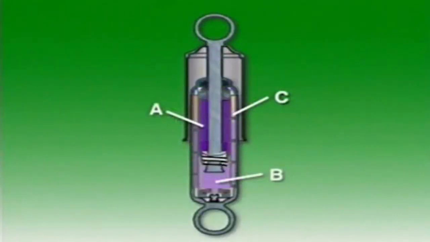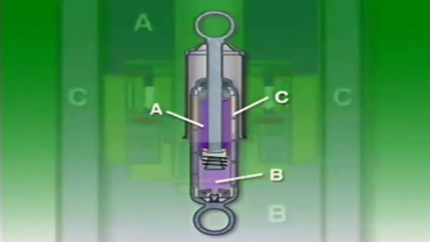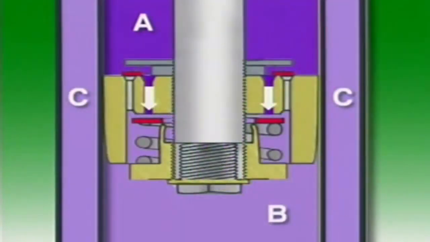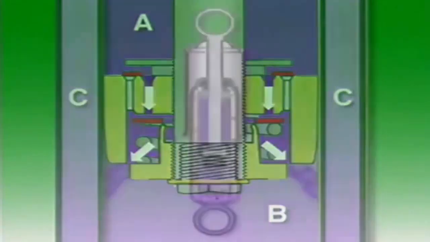In the rebound or extension phase, the piston and rod move upwards and the volume of chamber A is reduced. Chamber A becomes a high pressure area, and fluid flows through the extension valve in the piston into chamber B. However, the withdrawal of the piston from B greatly increases its volume, and fluid flow from A is insufficient to fill the space.